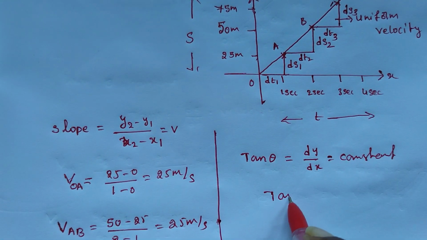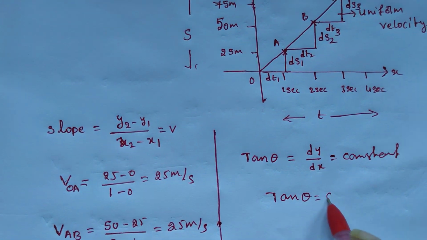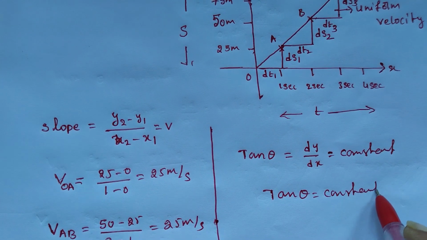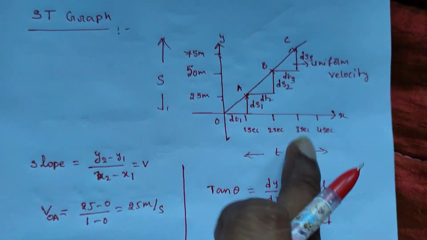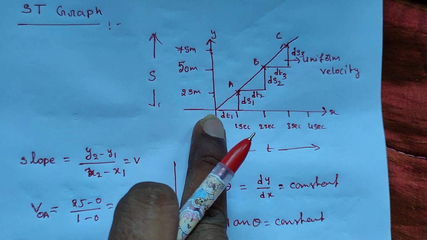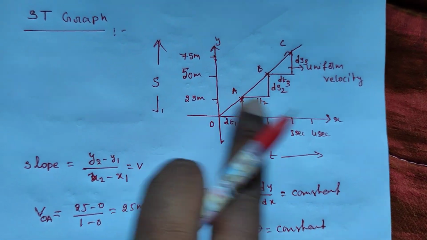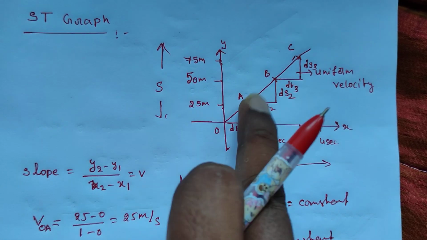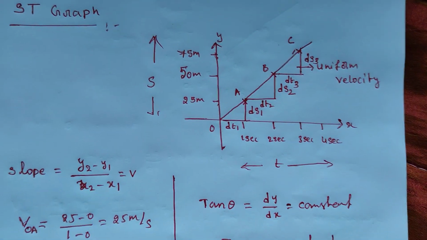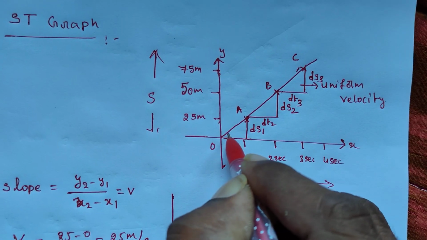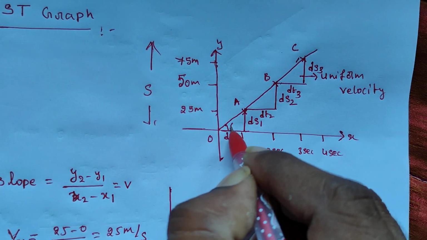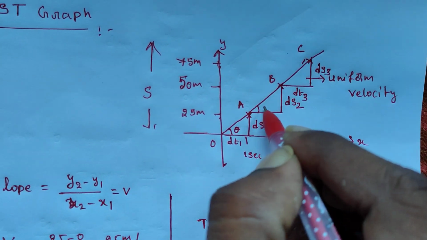So we have to represent tan theta equal to constant. Here in the displacement time graph, the slope is a straight line from the origin, and which makes theta angle with the horizontal axis. At every observation point on the slope we have to consider, which makes the same angle with respect to the x-axis.